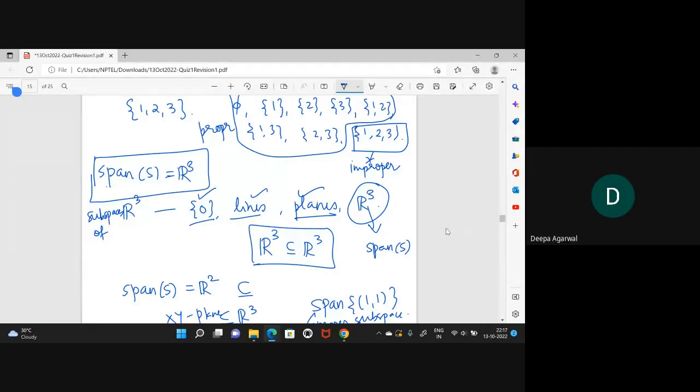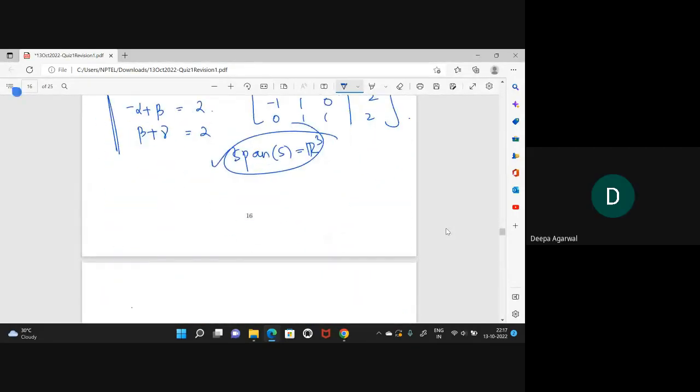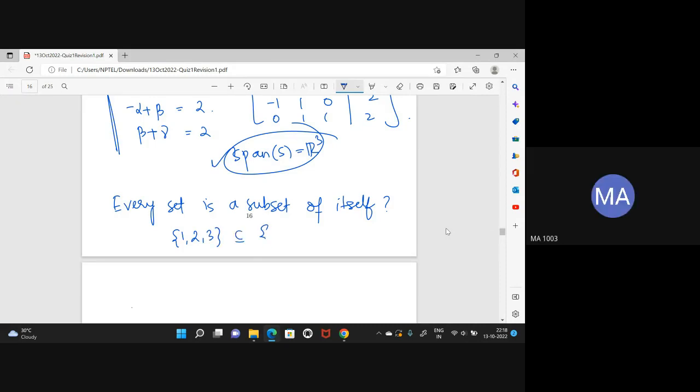Ma'am, I am not getting it. Yes or no? Hold on. A set is a subset of itself. Yes or no? Yes, ma'am. If you take {1, 2, 3}, to show something is a subset of something else, you have to make sure every element here belongs to this set, right?